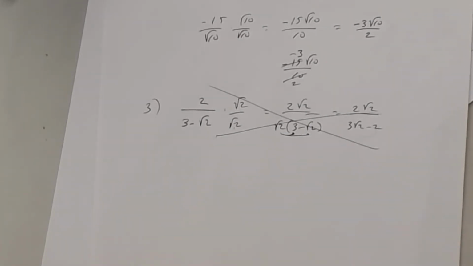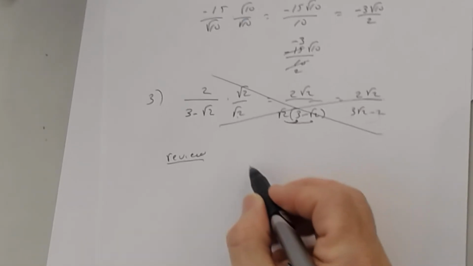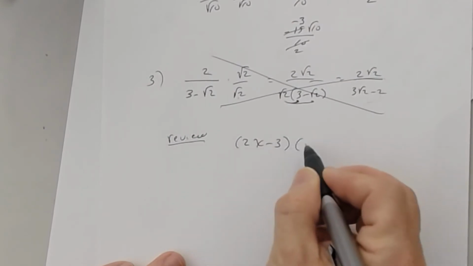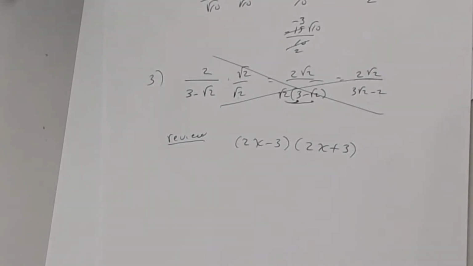So let's get to the point where you know what to do. Okay, I want you to remember something, so let's review this. If I have 2x minus 3 times 2x plus 3, there was something special about that. What did that look like in terms of factoring?